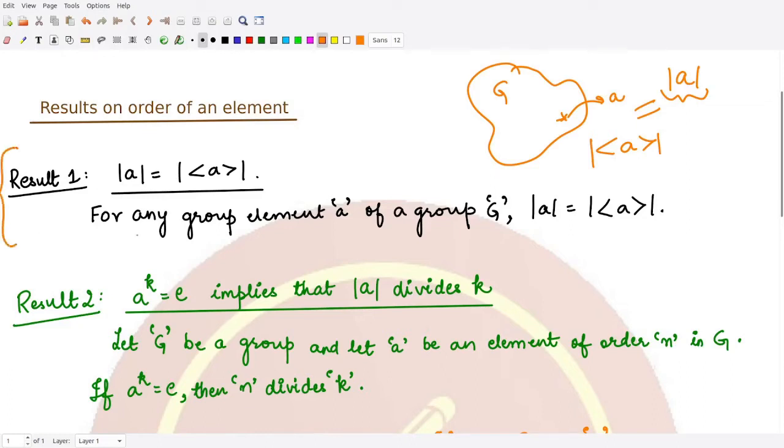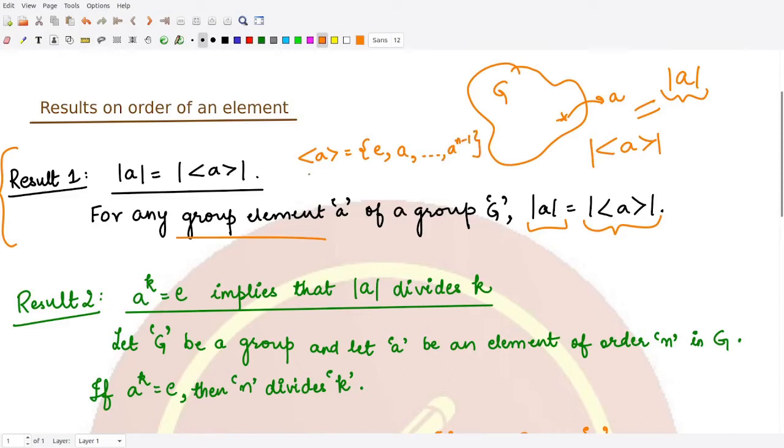So it tells us that for any group element A, the order of A is exactly equal to the order of the subgroup generated by A. Now why is this so? Because you already saw in the previous video that this set consists of all the elements of this kind: e, a, up to a to the n minus 1.